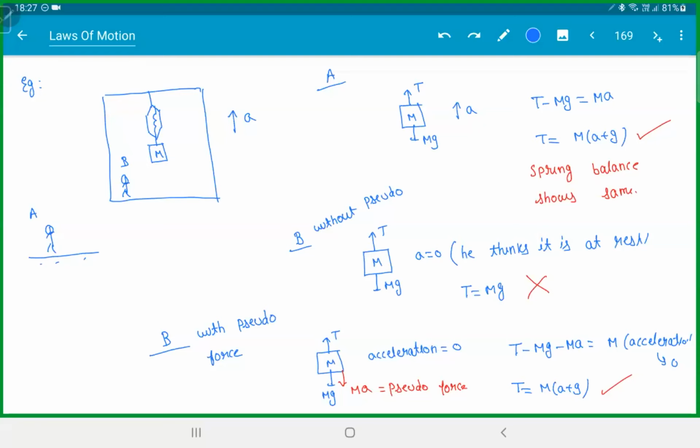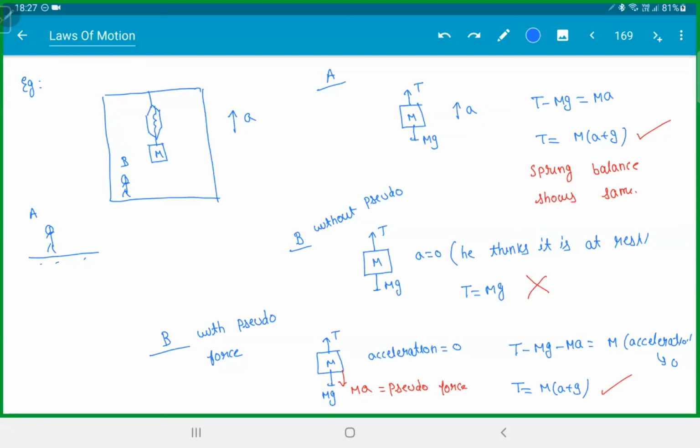Now let me show you examples of how to use pseudo force and solve. Suppose they give you a question like this. Let's say this is block M1, this is block M2, and the lift is going up with it.